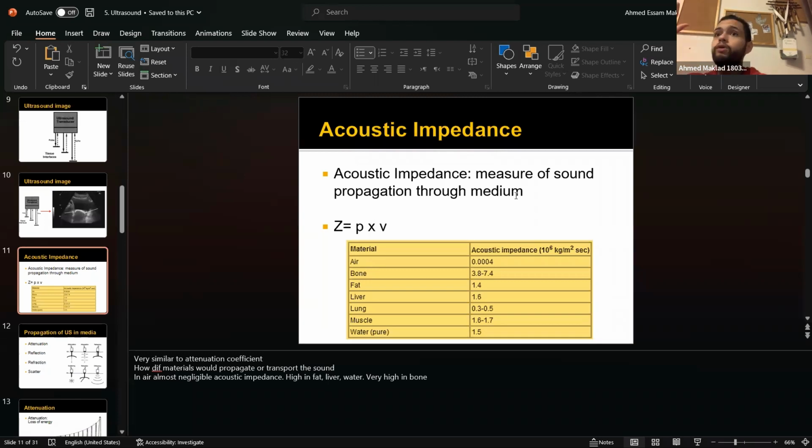That's why it's going to appear very white, because all of the ultrasounds are back to the transducer. But if it hits the liver, which is a soft tissue, some of the ultrasounds are going to pass through the liver, and not all of them are going to be reflected back. So the liver is going to be darker, because not all of the ultrasounds went back. Some of them just went through or got absorbed. That's basically what this slide tells you.